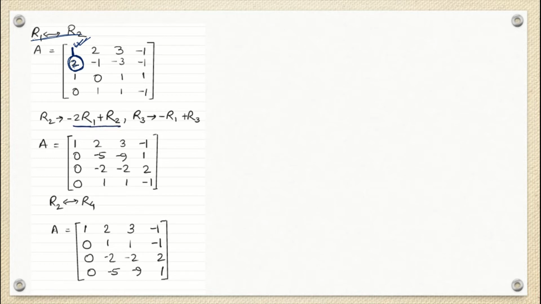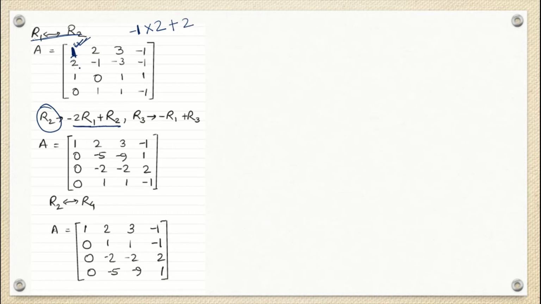That means in row 2, you are going to perform this operation. This is my 1, so if I multiply 1 with 2, it becomes 2. Then if I subtract this from my original row 2, at this place I will get 0.